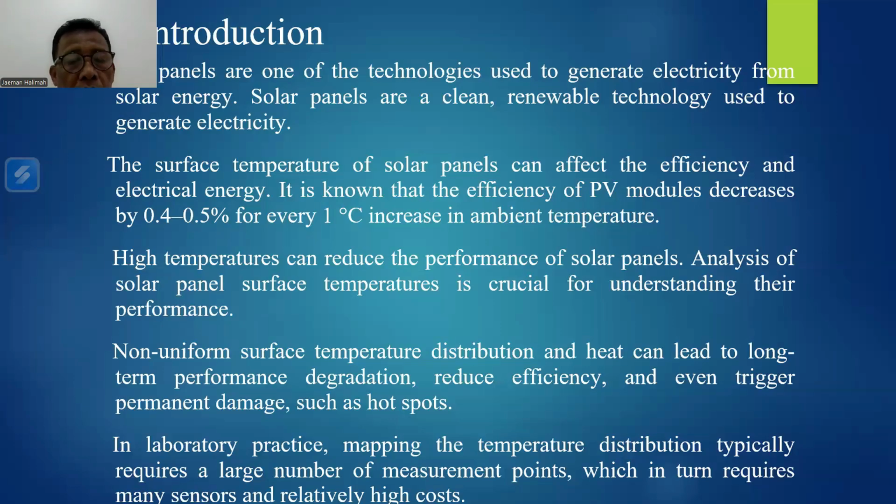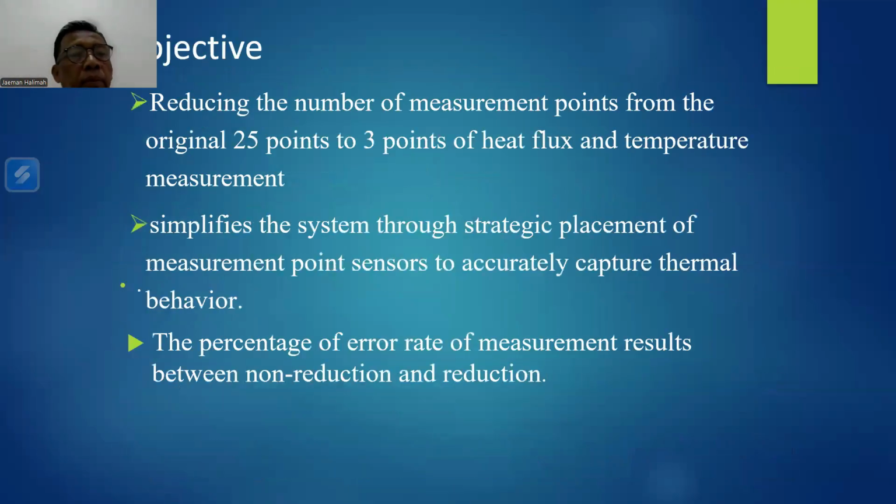In practice, laboratory mapping of temperature distribution typically requires a large number of measurement points, which in turn requires many sensors and relatively high cost. Objective: reducing the number of measurement points from the original 25 points to 3 points of heat flux and temperature measurement.